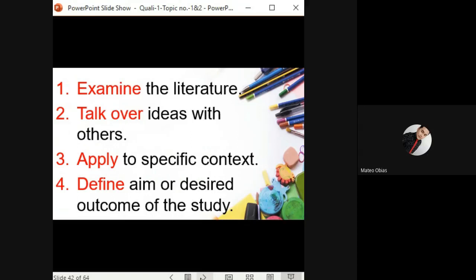Okay, so they are usually at an appropriate level of specificity. Pag sinabi natin specificity, it's really specific on this particular topic. Okay, and of course, it suggests research questions.